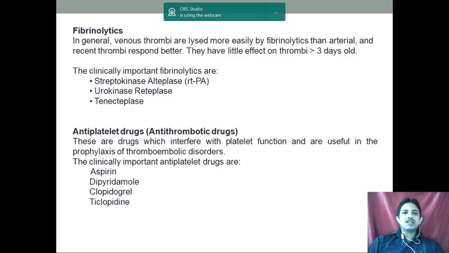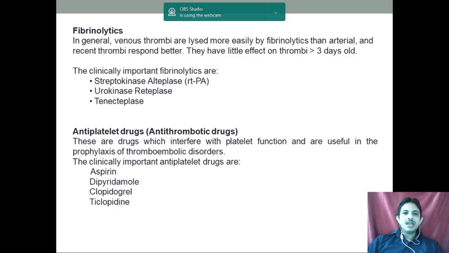That means if the thrombus is more than 3 days old, the effect is minimal, but if the thrombus is new, then they will have more effect.